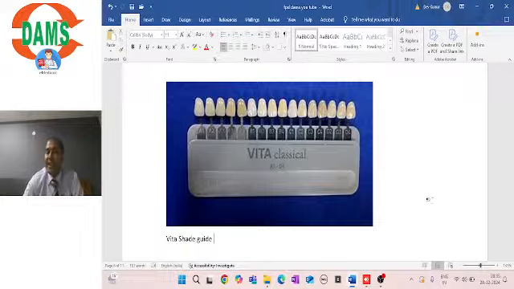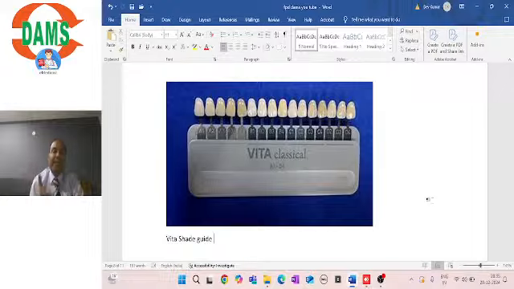So we have to look against those backgrounds. Our patient should be at the center of our eye level. Before crown preparation you have to choose the shade. After crown preparation you don't check the shade.